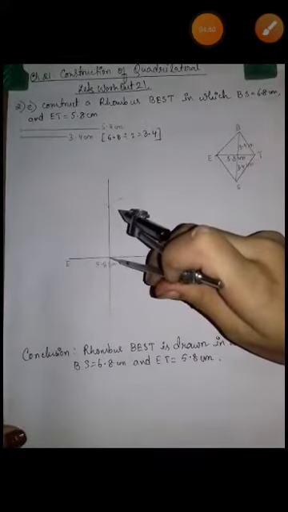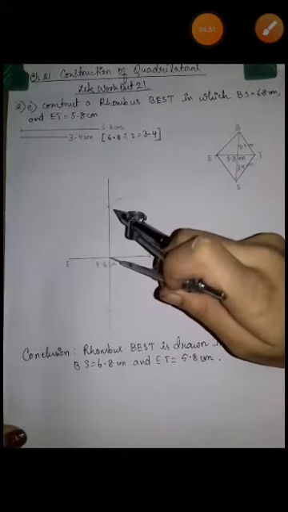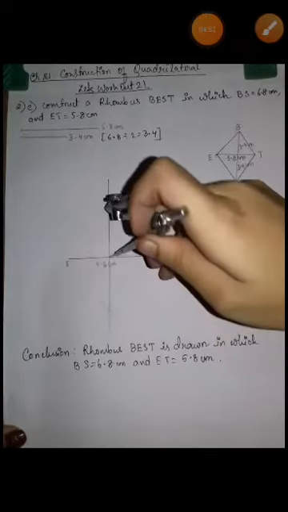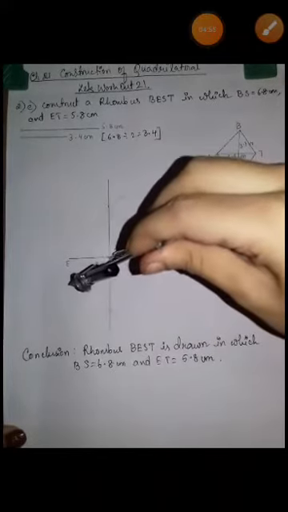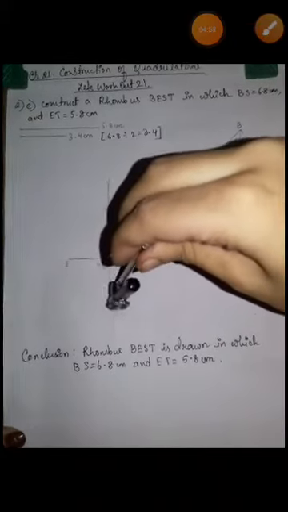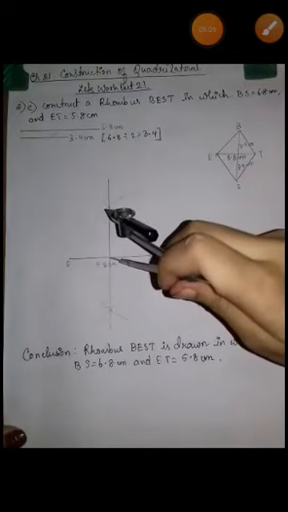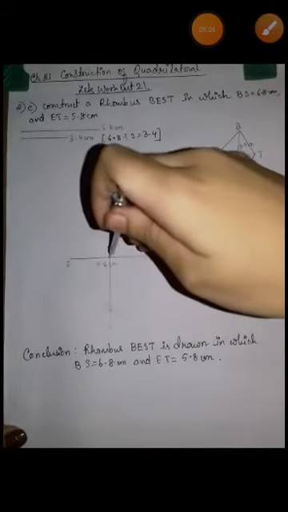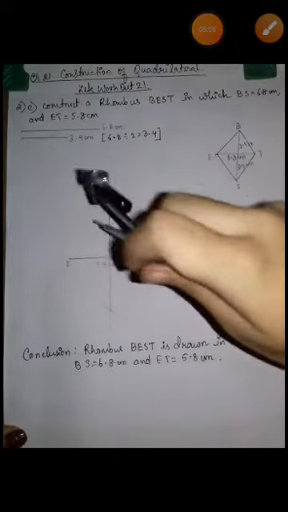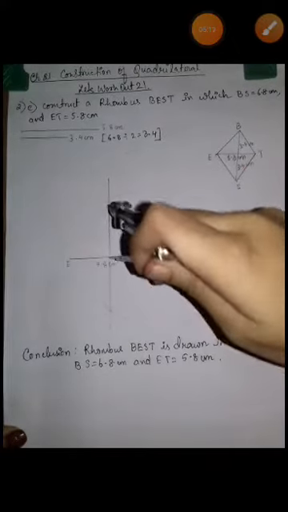You are taking the measurement, then place the pointer at this point. Alright, I hope you can see. Now cut both at the top as well as at the bottom. That means 3.4 centimeter, you are cutting from both the top as well as the bottom, placing the pointer at the midpoint.